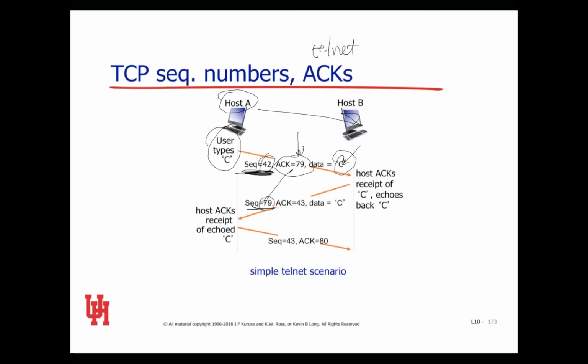That's byte number 42, and so the receiver will tell the sender, send me byte number 43. And so she does. She sends him byte 43 next. And assuming byte 79 was successfully received from the host, A will acknowledge that by saying, I'm ready for you to send me byte number 80, for example.